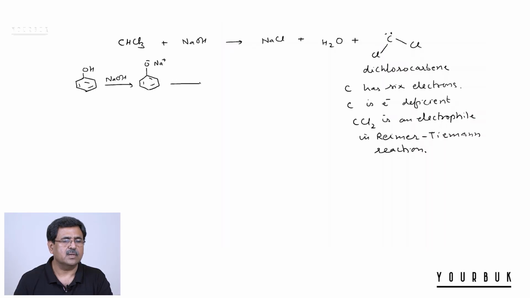Then it combines with the electrophile, which is our CCl2, like this. So, this negative charge participates in resonance and the ortho carbon acquires a negative charge. This ortho carbon then attacks the carbon of the CCl2 group.